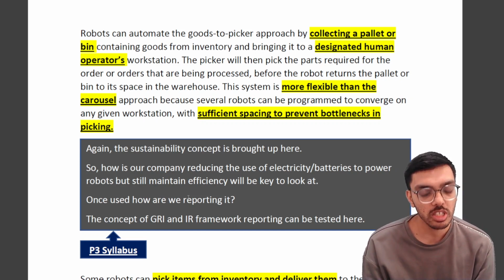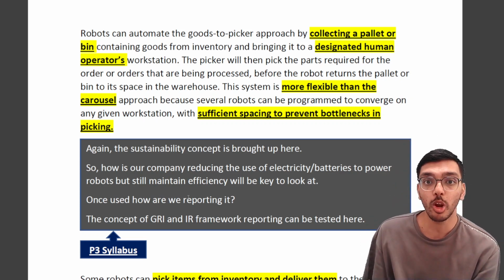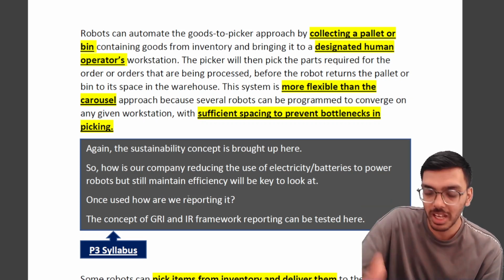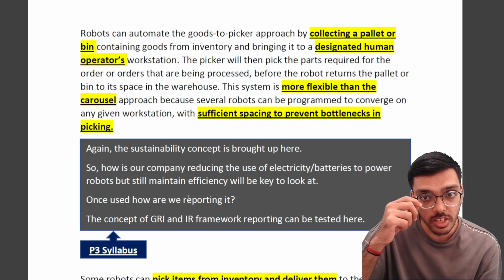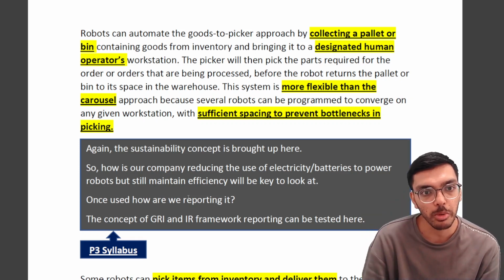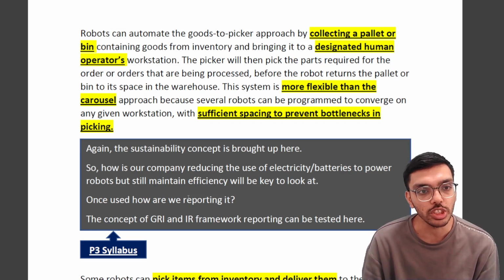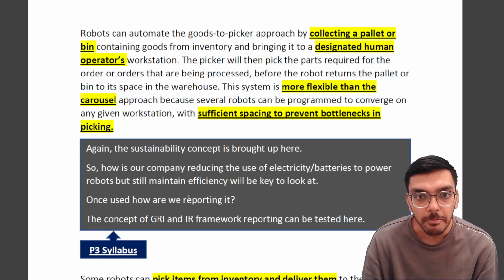So this robot to goods picking system is a lot more efficient because robots can make this process automated and hence quicker. This system is more flexible than the carousel approach because several robots can be programmed to converge on any given workstation with sufficient spacing to prevent bottlenecks in picking. So it's much more flexible than the carousel.